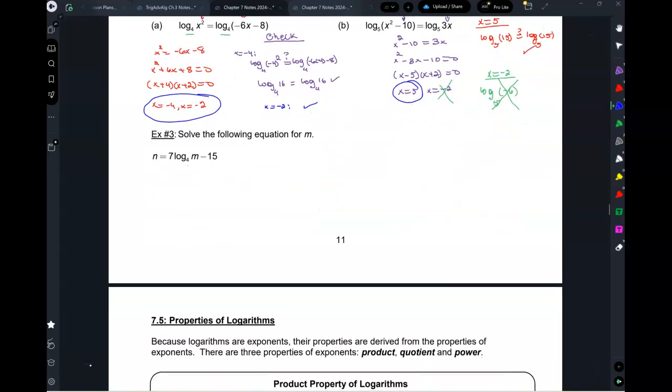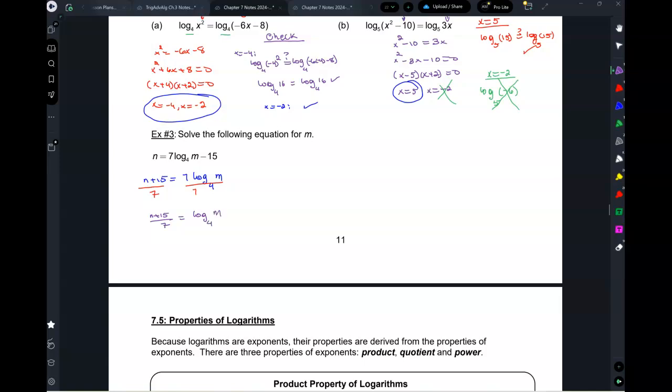Okay, so this one we need to solve for m. Fine. Why don't we do that? So first, let's add 15 to both sides. Okay, now let's divide both sides by 7. So n plus 15 over 7 is equal to log base 4 m.